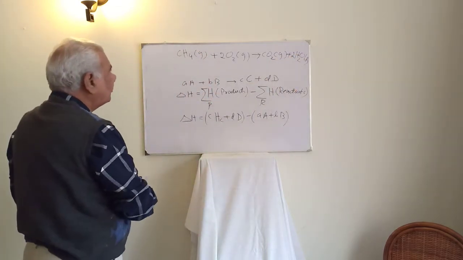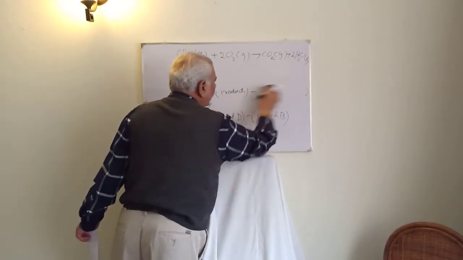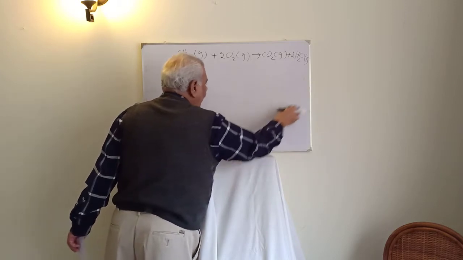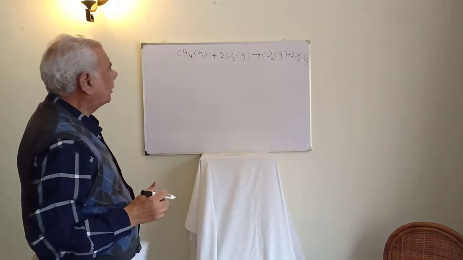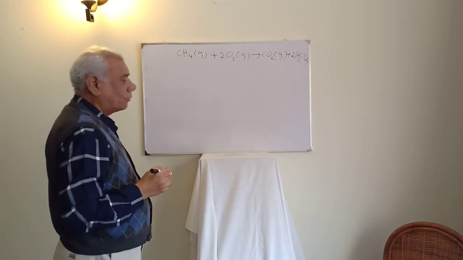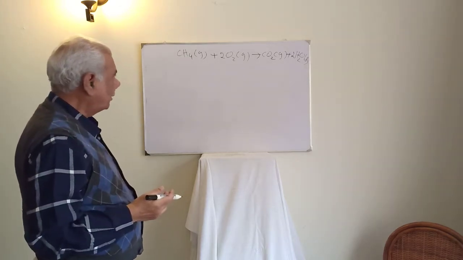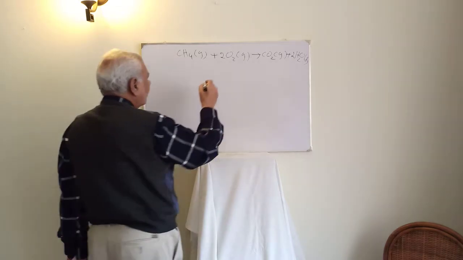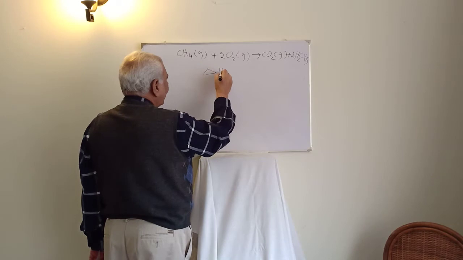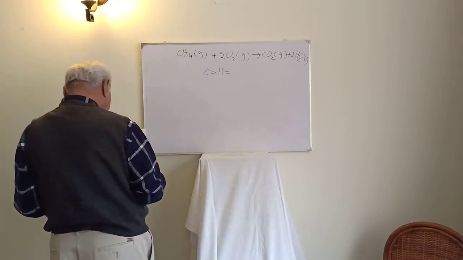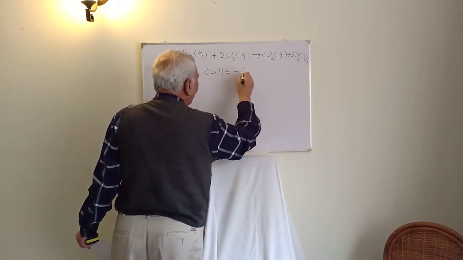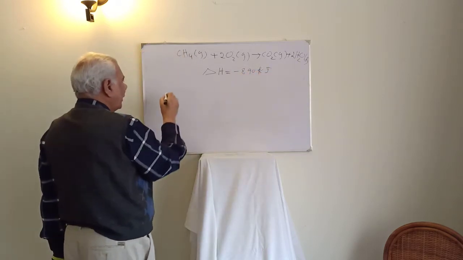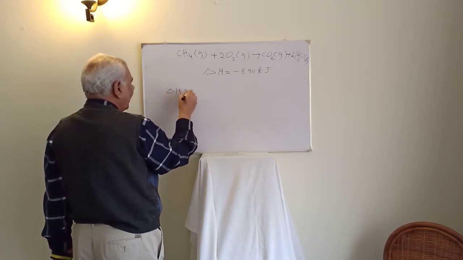Now what you see here is an example of a combustion reaction. That is, CH4 is reacting with oxygen and producing carbon dioxide and water. It is an exothermic reaction, so delta H is equal to minus 890 kilojoule.